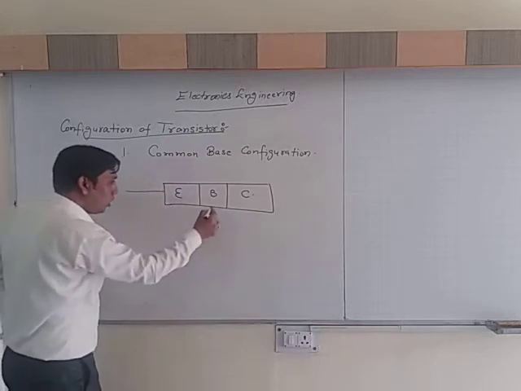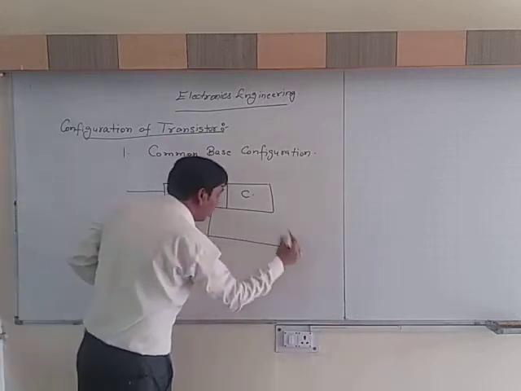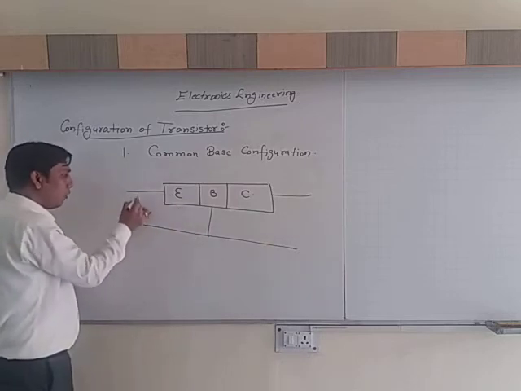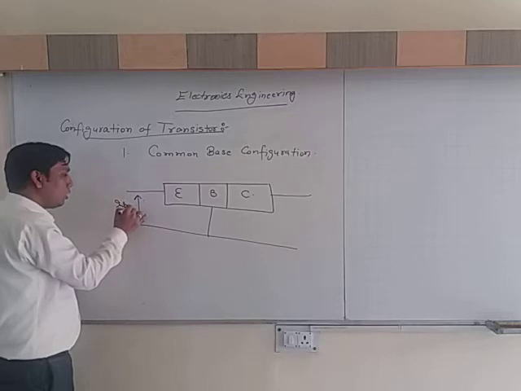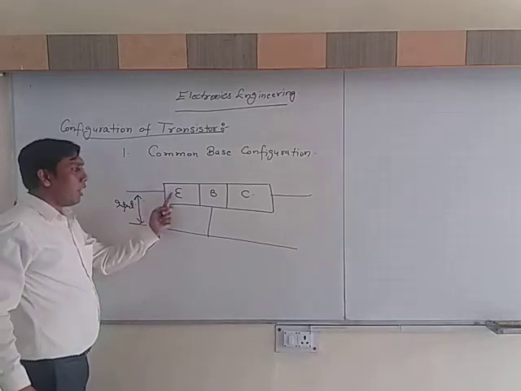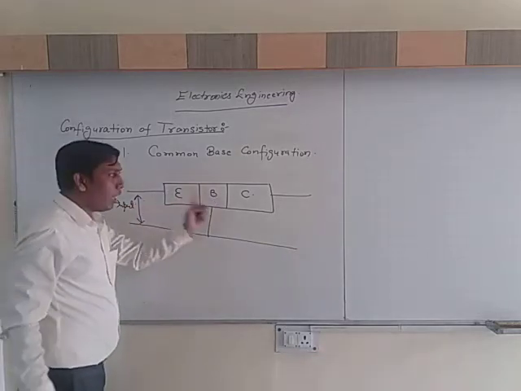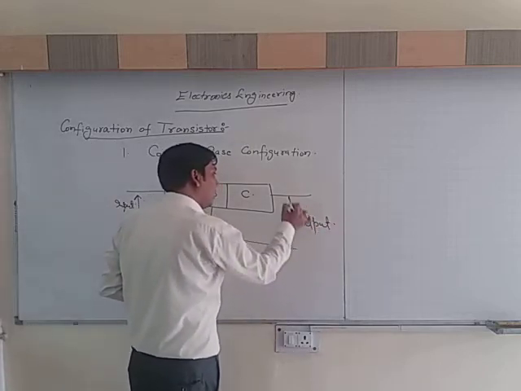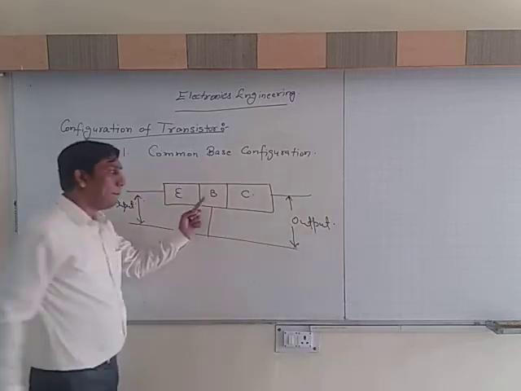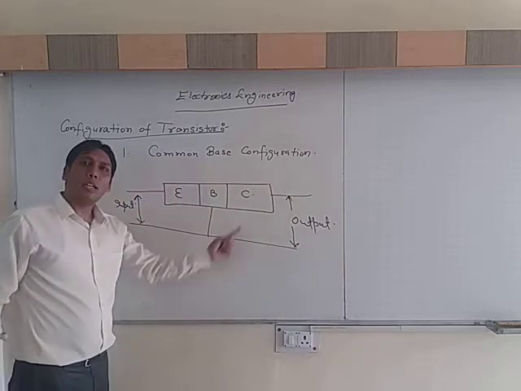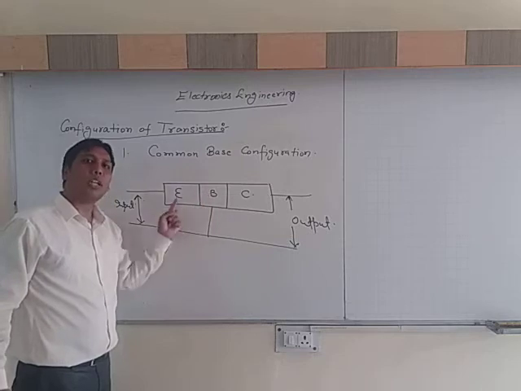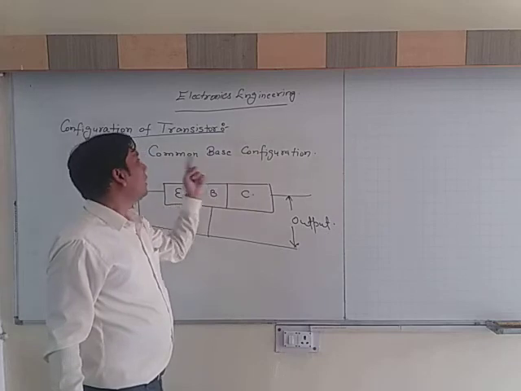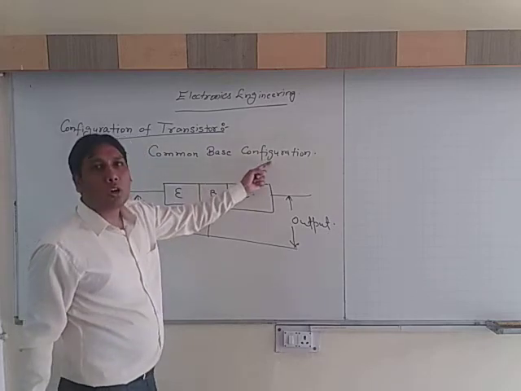So the input will be connected between emitter and base. That means we will apply the input in between emitter and base, and we will take the output from collector and base. If we connect transistor in this method, then this type of configuration is called common base configuration.